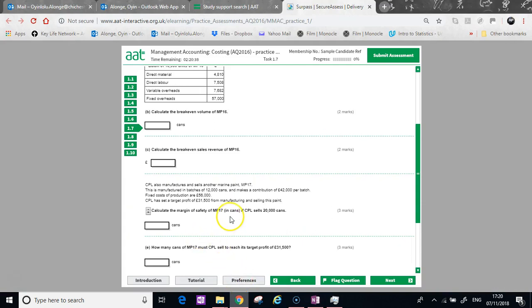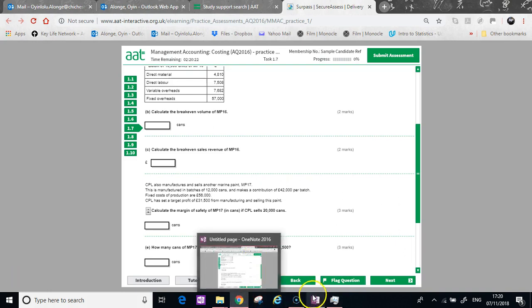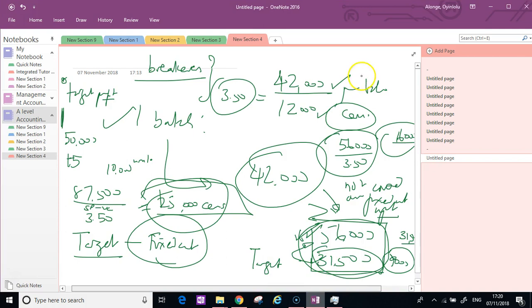Then it says, if CPL sells 20,000 cans, let's look at this. If you sell 20,000 cans, your break-even is 16,000 cans.